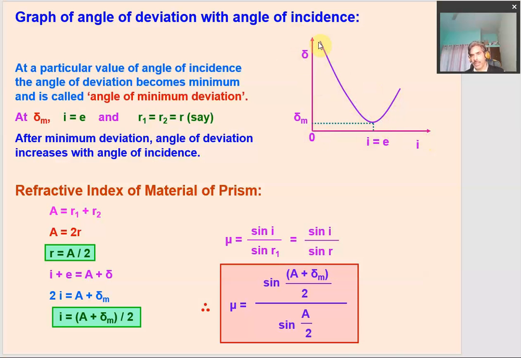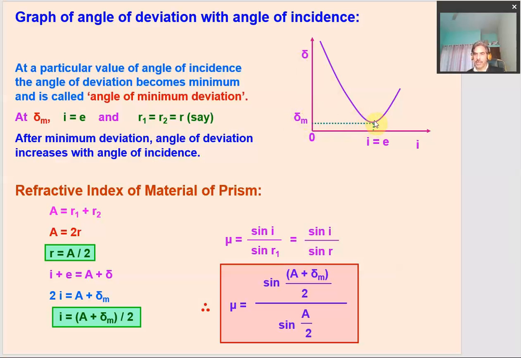We see that as the angle of incidence increases, the angle of deviation goes on decreasing till there comes one particular value of angle of incidence where the angle of deviation becomes minimum. There is no lower value for the angle of deviation than this minimum angle.